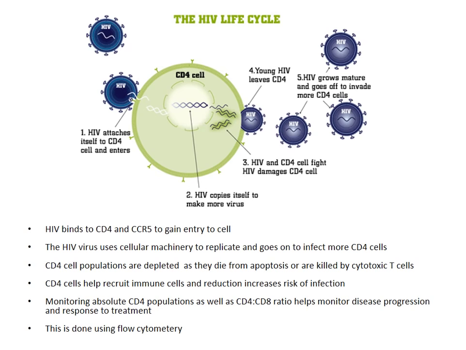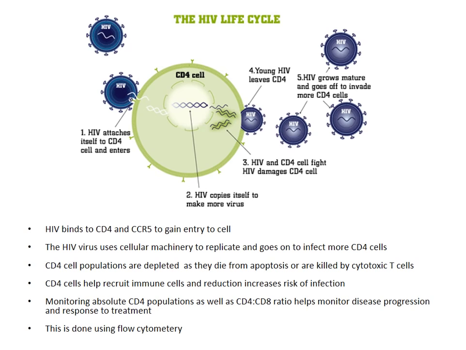CD4 cell populations are depleted as they die from apoptosis as a result of CD8 T cell killing of these infected cells. Because, of course, CD8 or cytotoxic T cells are the cells that help kill virally infected cells, and because the CD4 cell is infected with a virus, the CD8 cell will kill it.